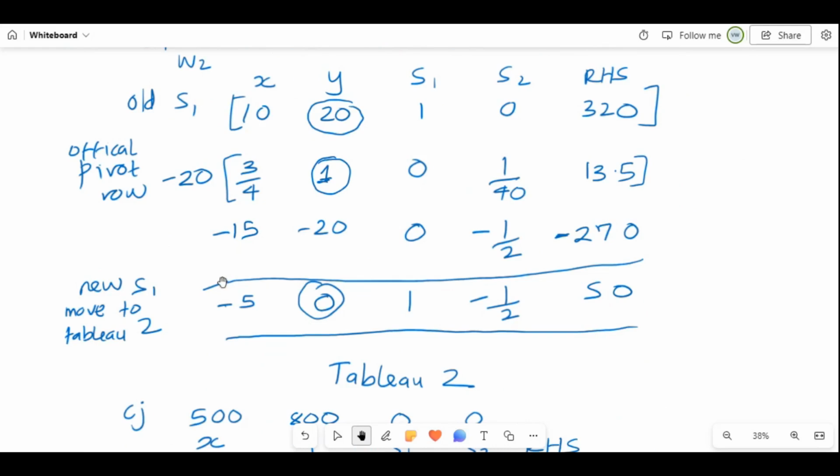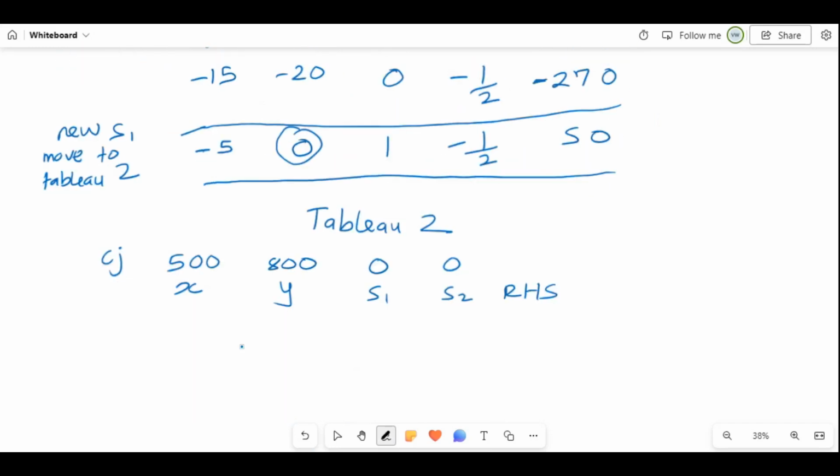That is why we say that this is the new S1 that we move to W2. So we'll have our S1, and the coefficients now will be -5, 0, 1, -0.5, and the right hand side value is 50. And you can see at this point that because this is still S1, the coefficient here will still be 0.